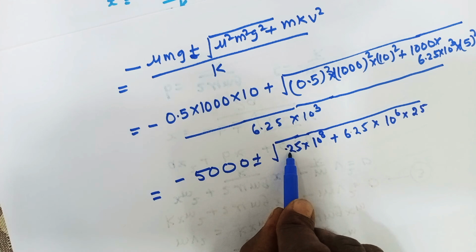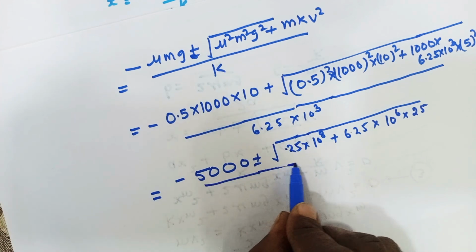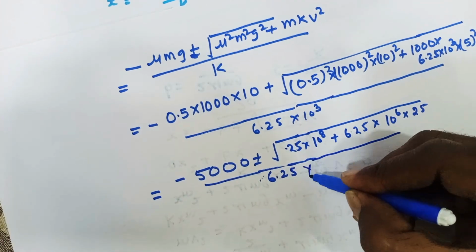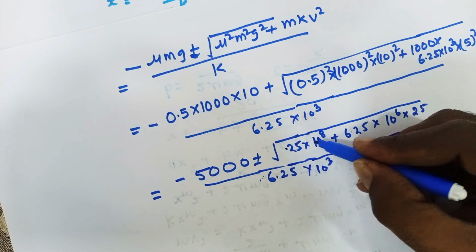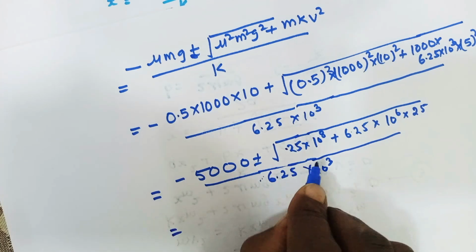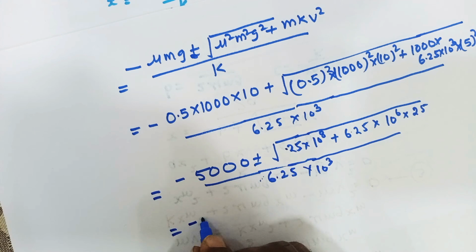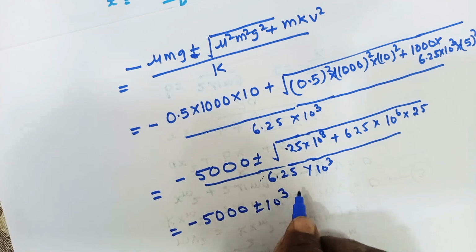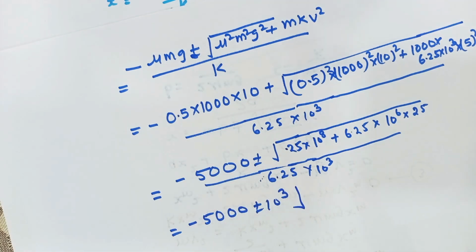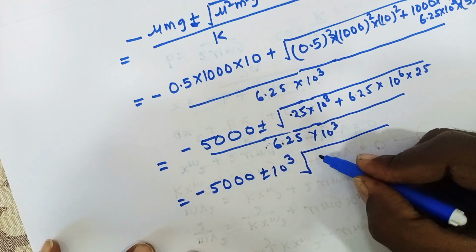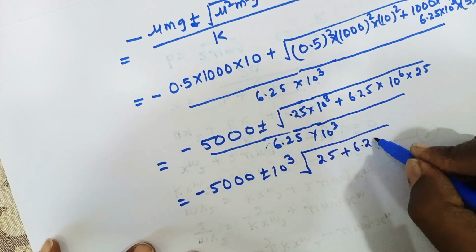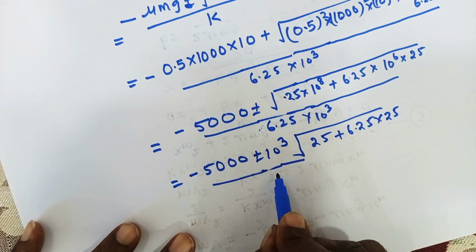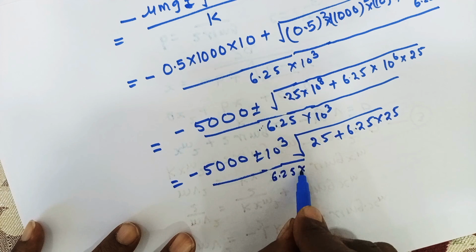You can write here 25 divided by 6.25 times 10 to the power 3. So this is 0.25, so it will become 10 to the power 6, and 10 to the power 6 will be outside. So minus 5000 plus minus 10 to the power 3, and it will become 25 into 6.25 times 10 to the power 3.